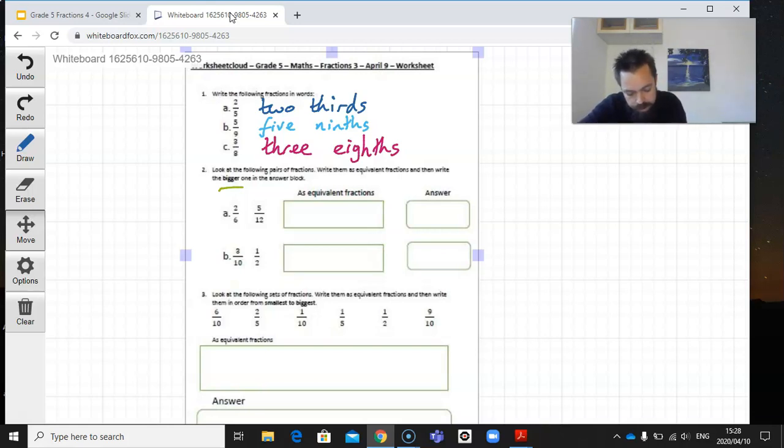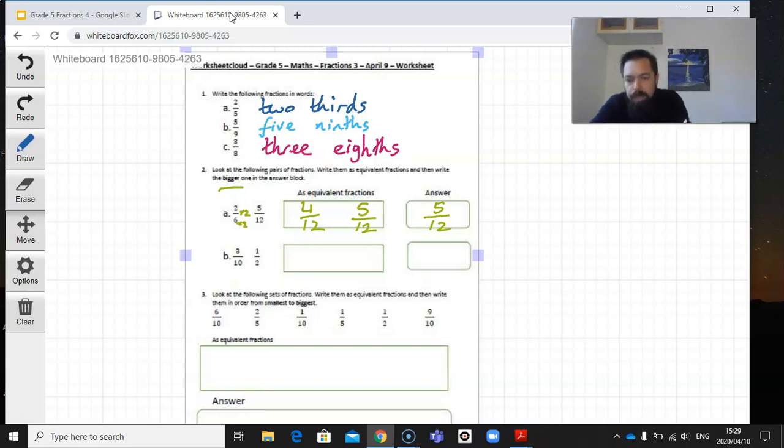I notice that with the first one, if I times that by 2, and I must remember to do the same to the top, I can get 4/12, which is now the same as the other one, which I'm just going to rewrite. So now I can compare them. I'm looking for the bigger of the 2. It's the second one, because the denominators are the same, so I can just look at the numerators. So my answer then is 5/12.